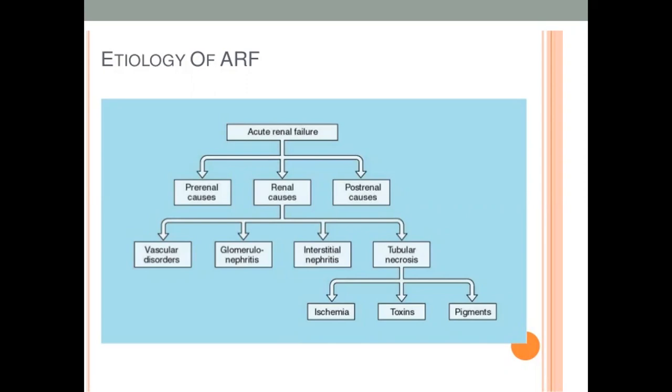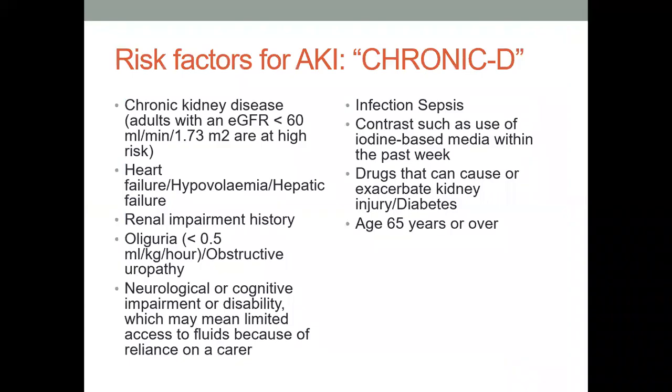And once the obstruction is released, they just see large volumes of urine, especially in a sedated, mechanically ventilated patient, where the patient cannot communicate level of pain, and the patient is not examined on a daily basis. And this is another reason why we should always examine our patient head to toe, even in the ICU, because there are some things you may overlook if you don't expose your patient.